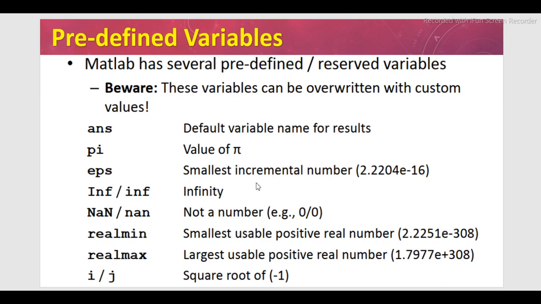EPS, smallest incremental number, that is 2.2204e-16, and INF, that is infinity. NaN, that is not a number. Realmin, smallest usable positive real number, and then realmax, largest usable positive real number, and last of all i or j, square root of -1, that indicates the complex number.